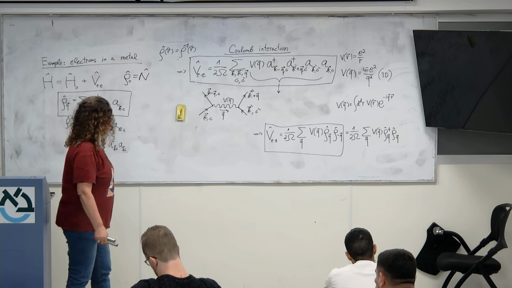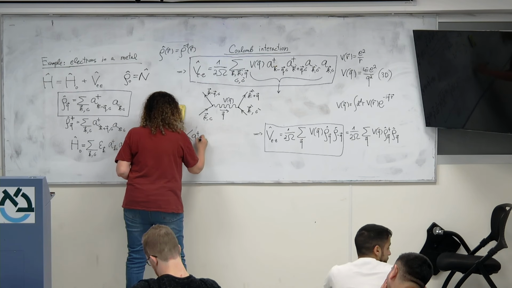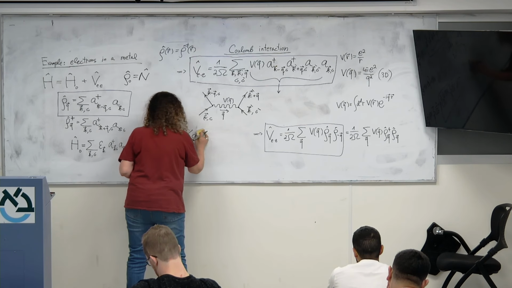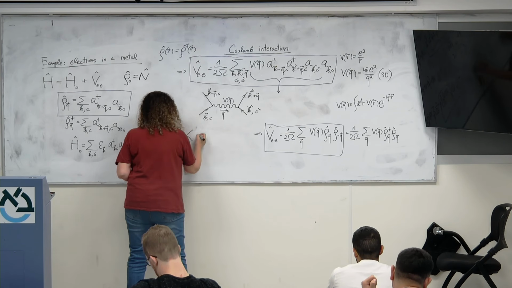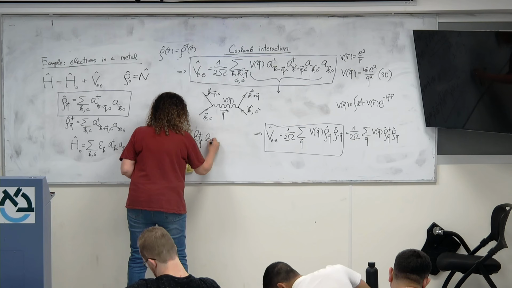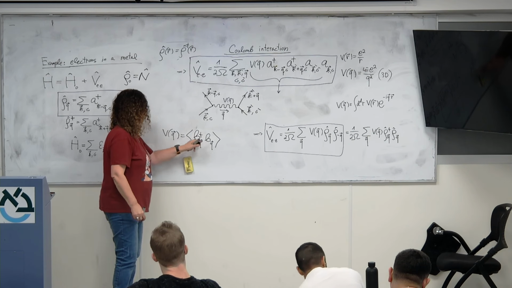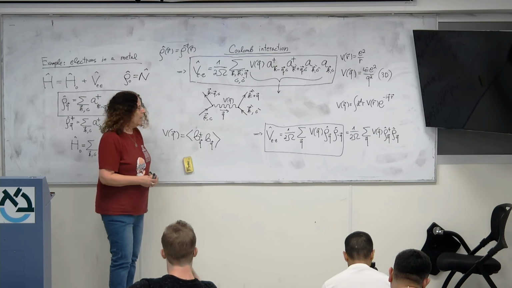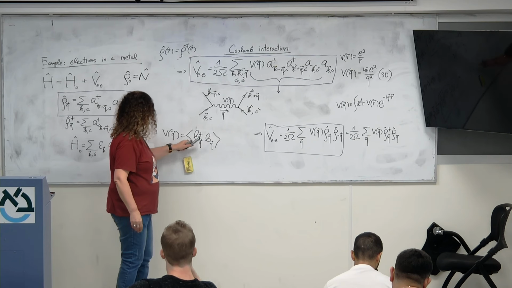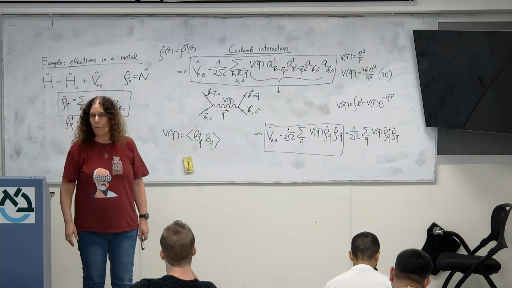V of q can be thought of as the expectation value of some operator, not A, but let me call it B. So there is a bosonic particle with creation and annihilation operators b_q, and its expectation value is going to have this 1 over q squared thing, and that's describing a photon.